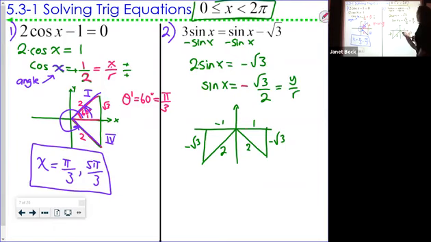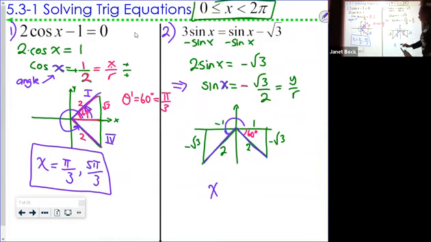This angle here must be the 60-degree angle again. That's my reference angle. Look back to this line here. What am I solving for? I'm solving for angle x. So name those angles, the angles that take me to this terminal ray and this terminal ray.